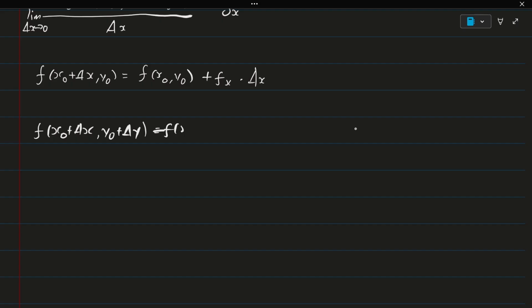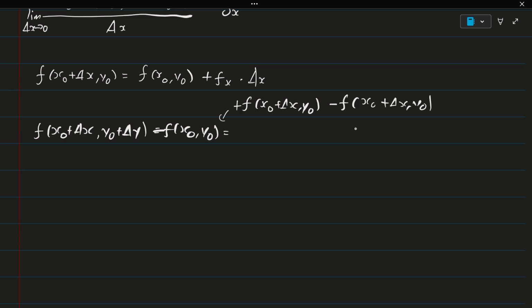Subtract that by the function at x0 and y0. So what we would obtain is that you could add this with the function at x0 plus delta x, y0, subtracted by the function at x0 plus delta x, y0.